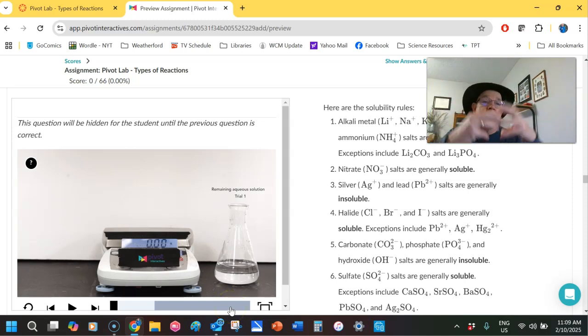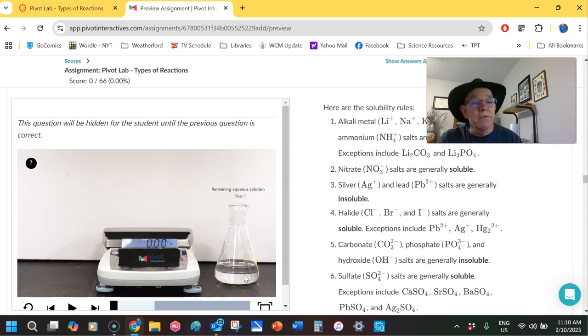Precipitate, we think, means to fall out of a phase. For example, water falls out of the sky, we call it precipitation. But in a lot of reactions, we mix two liquids together and a solid precipitates, or comes out, because it is insoluble. It won't dissolve. And so you're going to have a precipitate form in here.